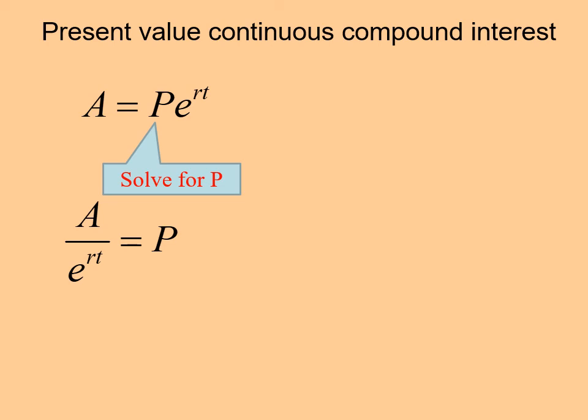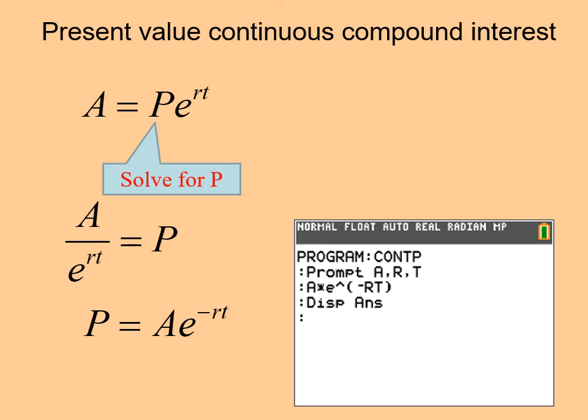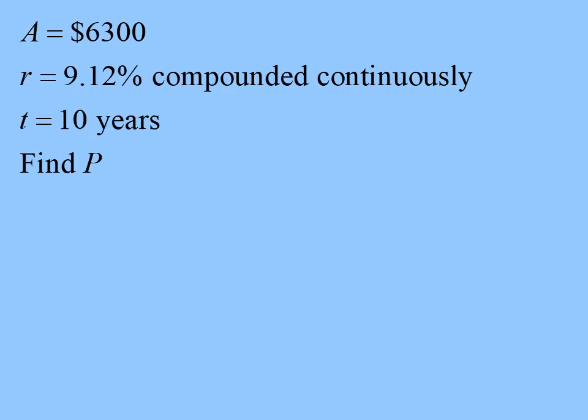But like with the previous one, I'm going to take the e to the RT, move it out of the bottom so that we don't have to type fractions, and then program that formula as CONTP. And here's an example of how that works. You can again try these out if you are doing the programs on your calculator.